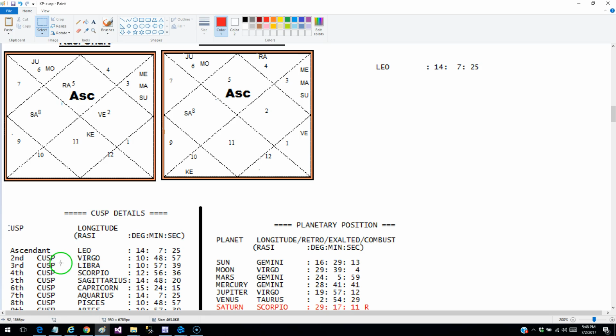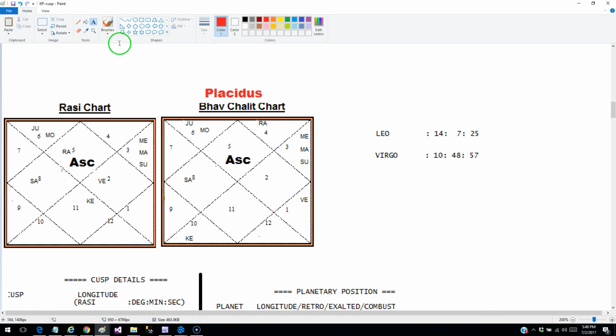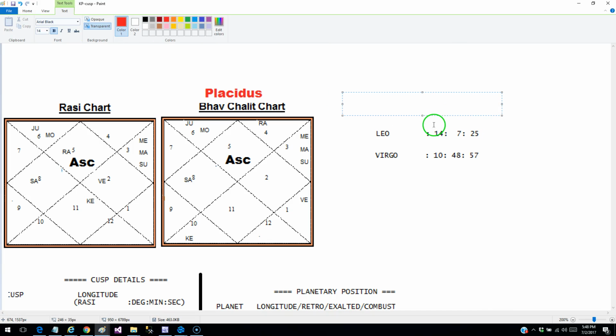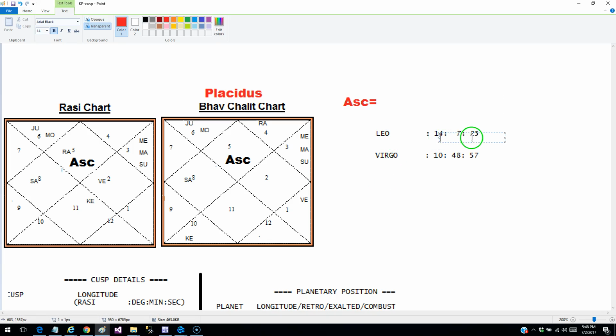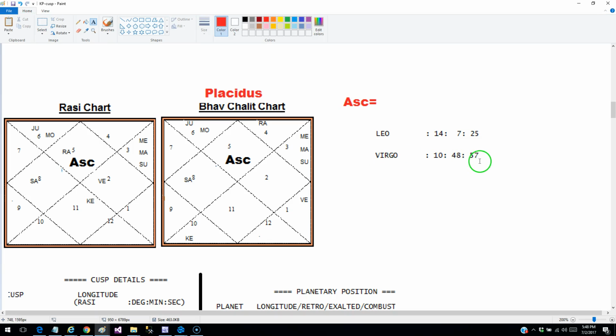So what is the second house cusp starting point? It is Virgo, 10 degrees something. So we take this, and so now we say that the span of the ascendant is from Leo 14 degrees something to Virgo 10 degrees something. This is the span of the ascendant in the Placidus cusp chart.